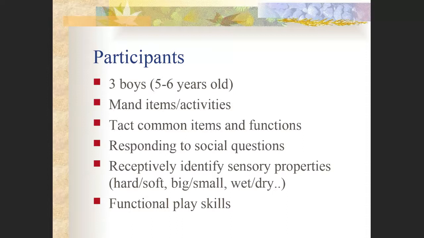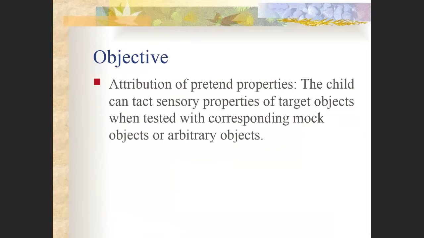Receptively identify means that we show them different pictures. We ask them to point to which one is hard, which one is soft, which one is big, which one is small. So they could point. They probably could not label, but they could point. That's what we tested.